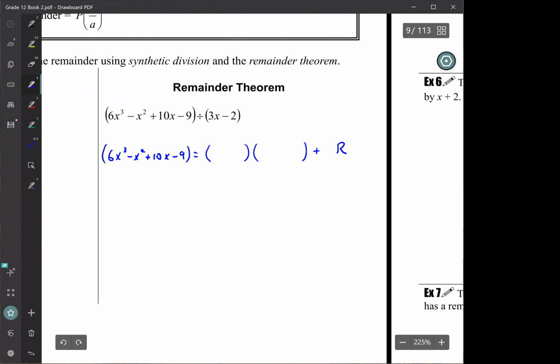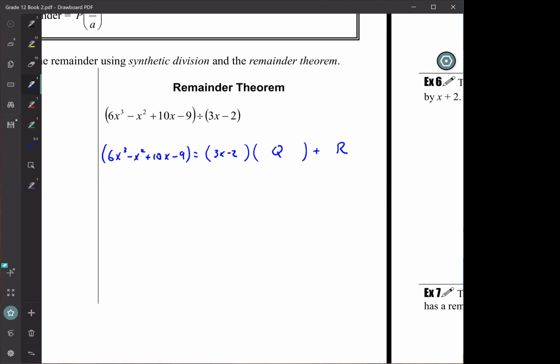R is something we want to find. Okay, so what goes into the second bracket? Eric? 3x minus 2. Yep, very good. The divisor, right? And then q, which we do not know, because we didn't divide anything, right?